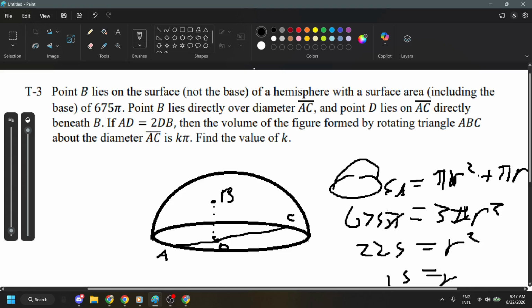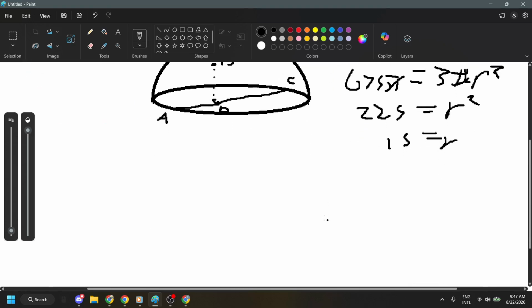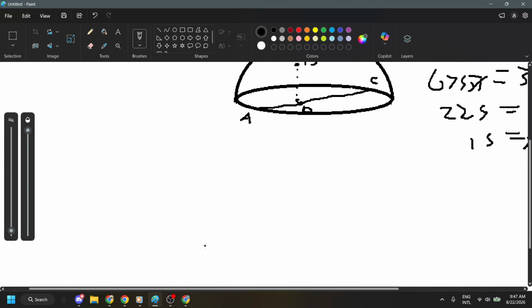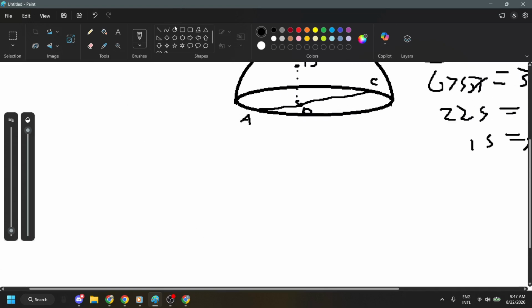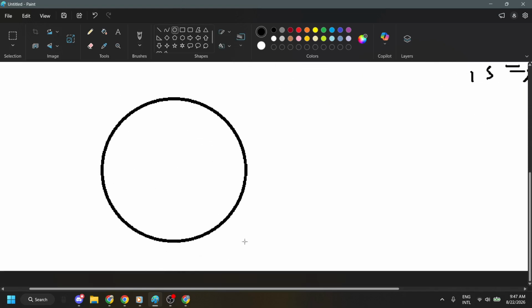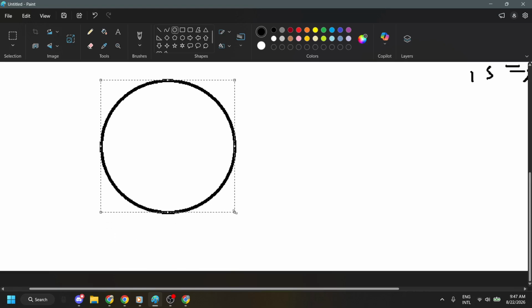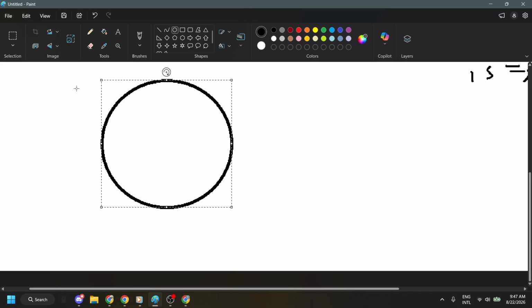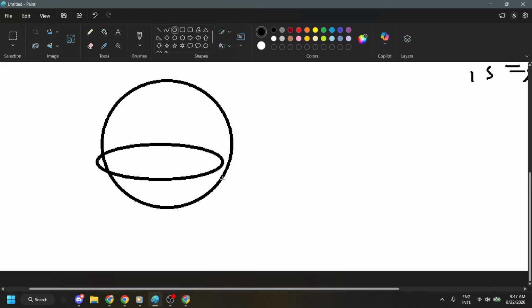Okay, well, if AD equals 2dB, that's all we get. Maybe let's draw this flat, and then get rid of this part.